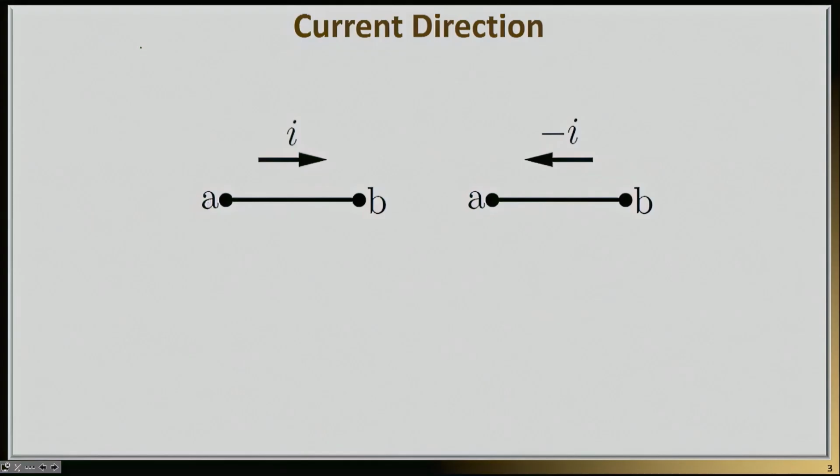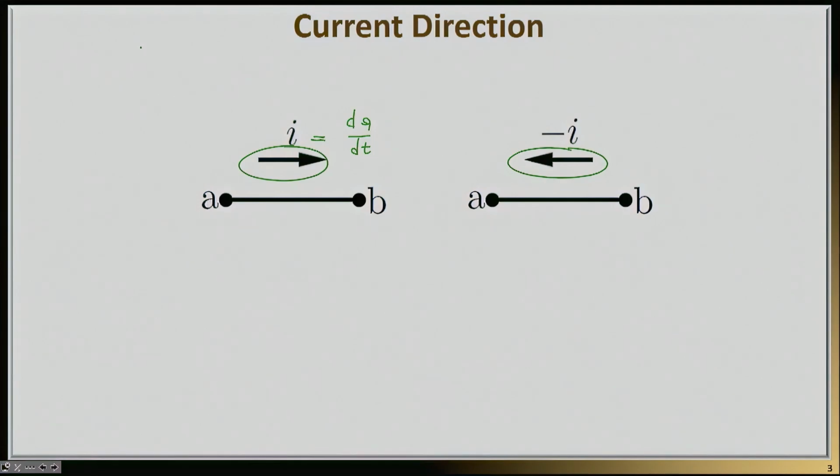Now, the other thing you will find out, and we have to be careful here, is that it is not enough to simply calculate I as dq/dt, the rate of flow of charge, but it is also very important to correctly signify the direction of the current.